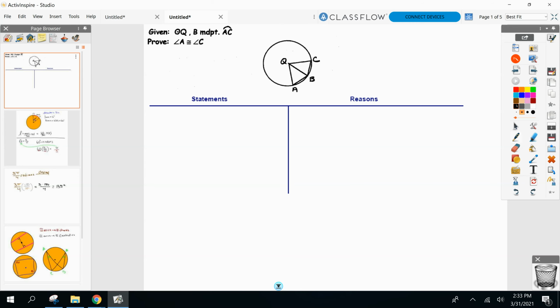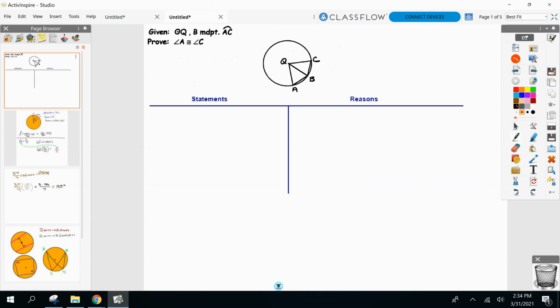Not central, because a central angle would be angle Q. Remember, for an inscribed angle the vertex is on the circle, but these aren't inscribed. Anybody know why? Are they radii? Well, QA and QC are radii. They both have to be chords, remember. So that's why they're not inscribed.